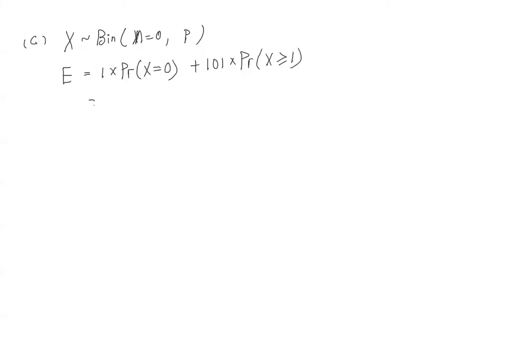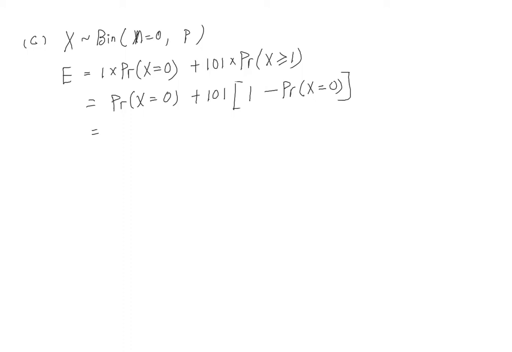So this will be probability of x equal to 0 plus 101. Probability of x greater than or equal to 1 will be 1 minus probability of x equal to 0, correct?